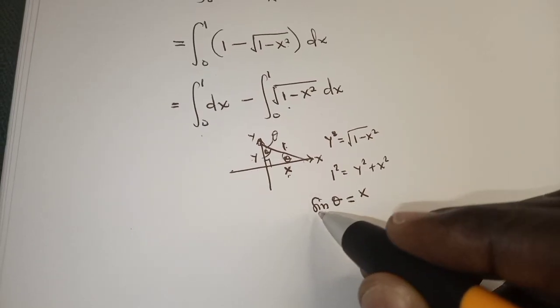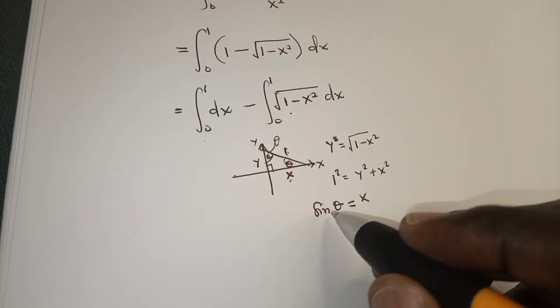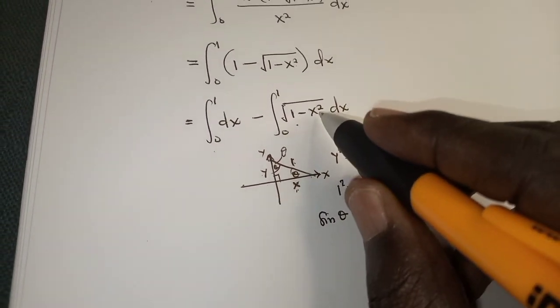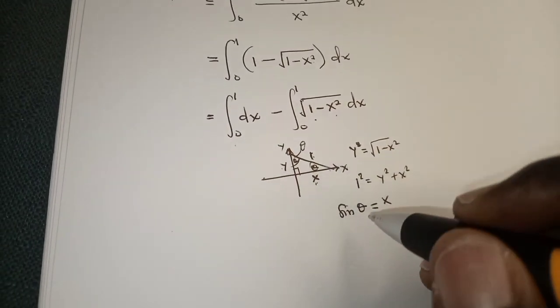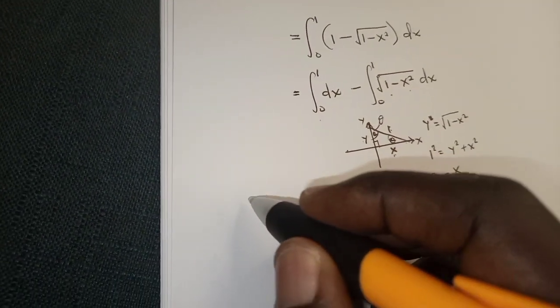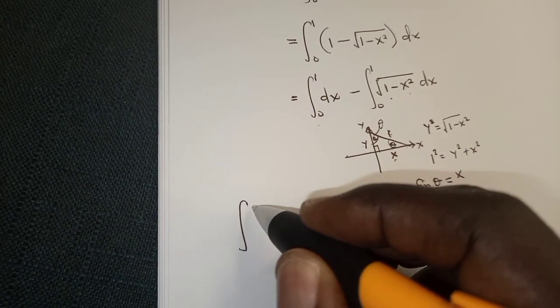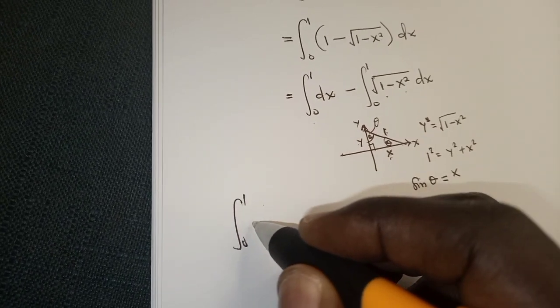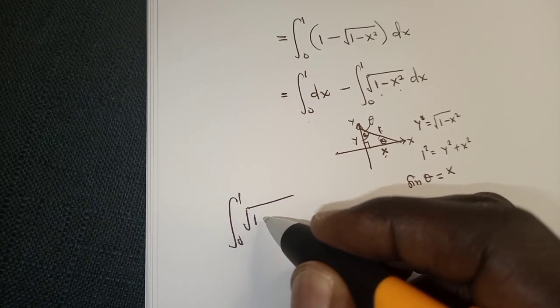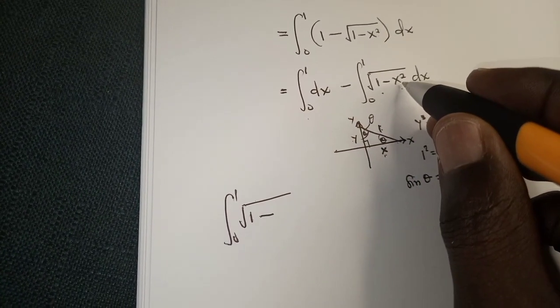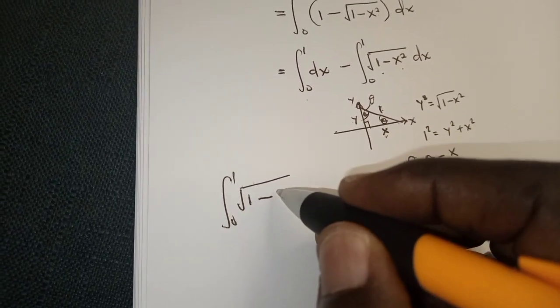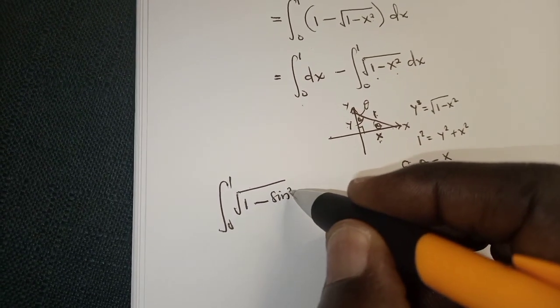So x should be equal to sine theta. So we substitute it into this. We'll be having the integral from 0 to 1 of the square root of 1 minus, instead of x, it should be sine squared theta.